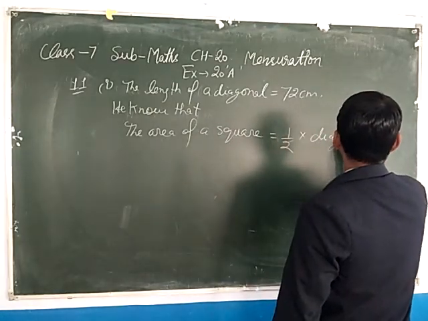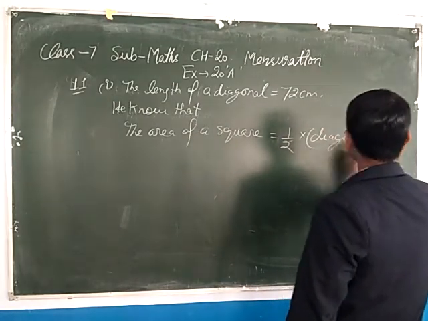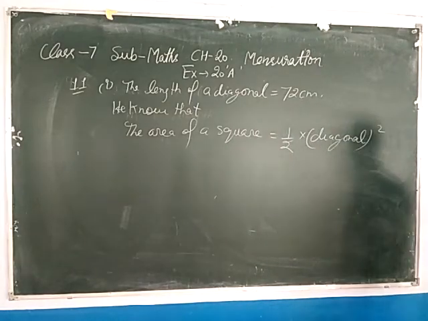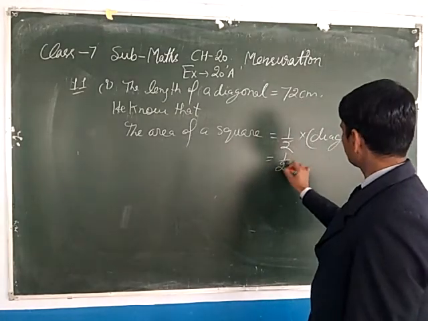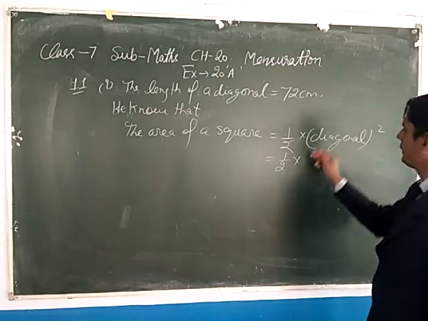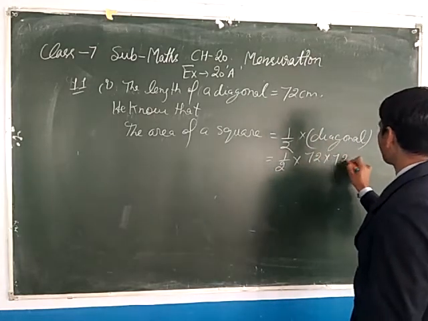So diagonal whole square, because diagonal is 72.